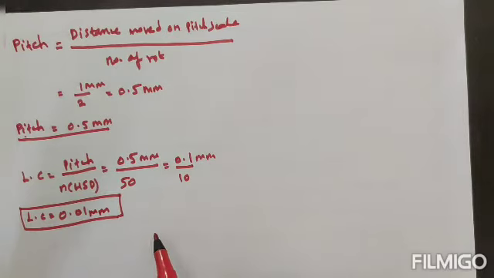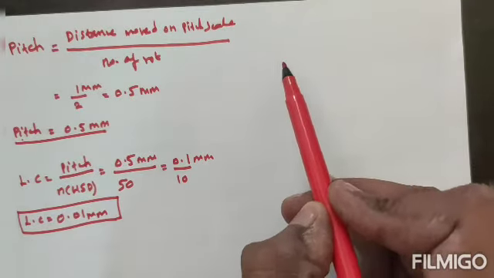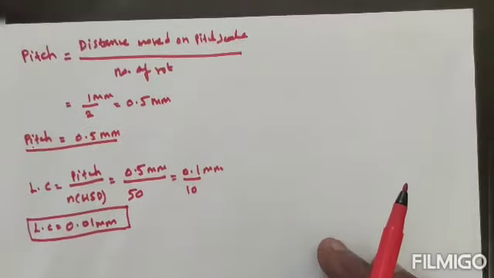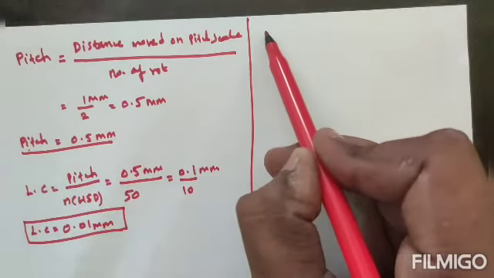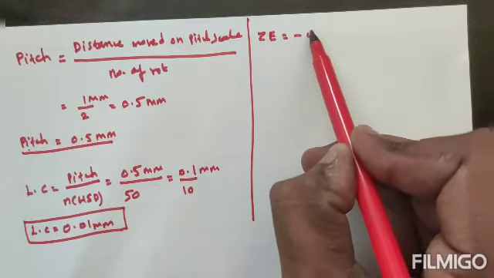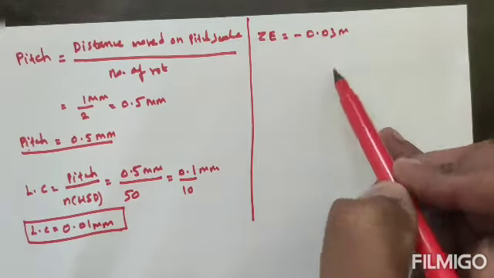Next, I'll read the question. Further, it is found that the screw gauge has a zero error of negative 0.03 millimeter. So now the zero error is given. I'll write it here itself. The zero error of this apparatus is minus 0.03 millimeter.